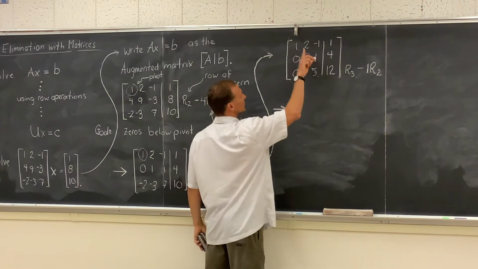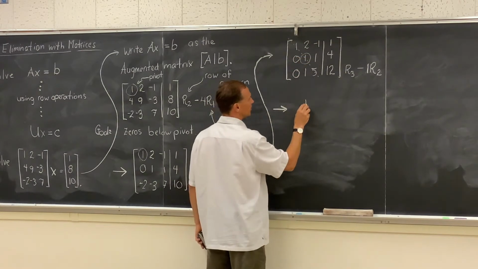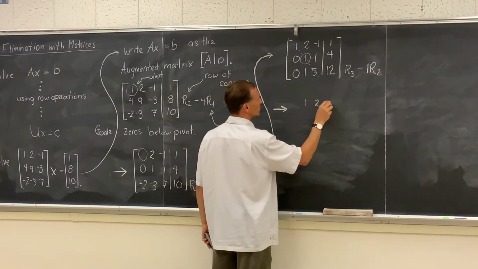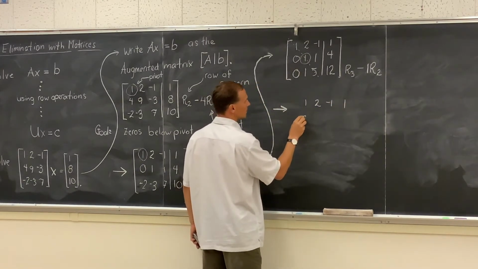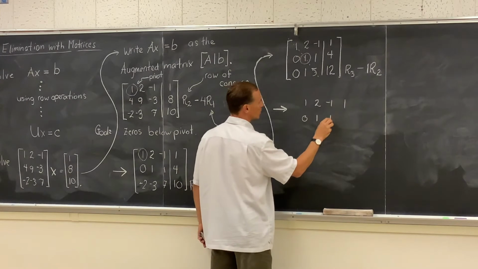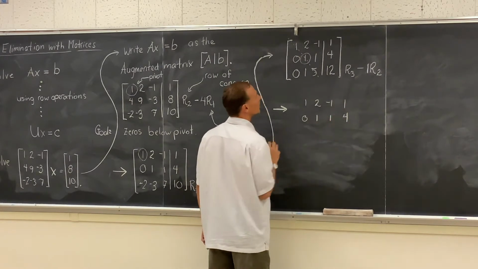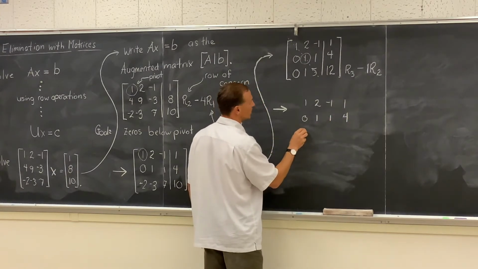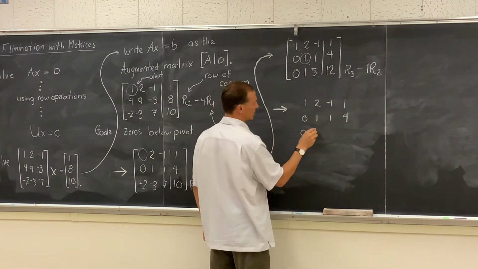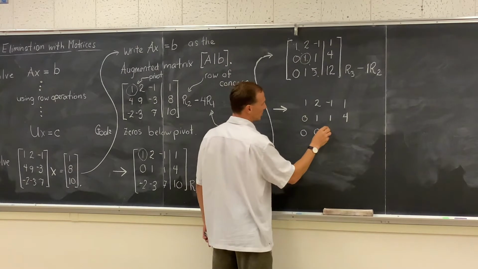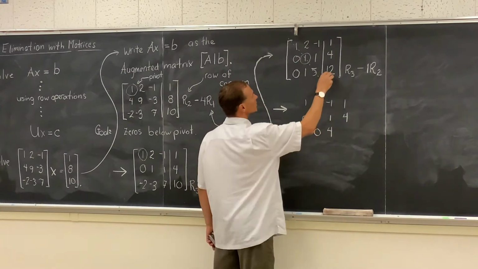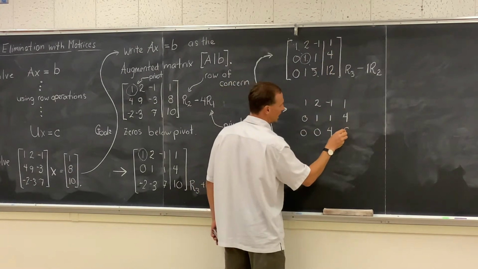So my first and second rows are unchanged. 1, 2, minus 1, 1. 0, 1, 1, 4. 0, now we have 1 minus 1 for 0. 5 minus 1 for 4. 12 minus 4 for 8.